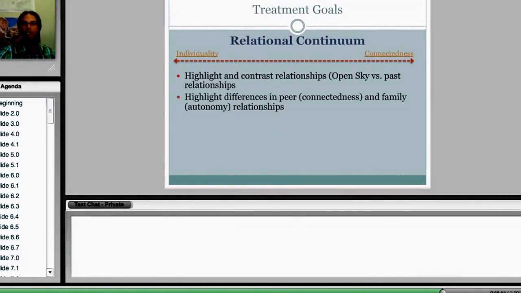On the relational continuum, we want to highlight and contrast for the students the relationships they're having here with their peers and guides, and even with parents in family class. Look at how friendly relationships can feel now, and what is that about?